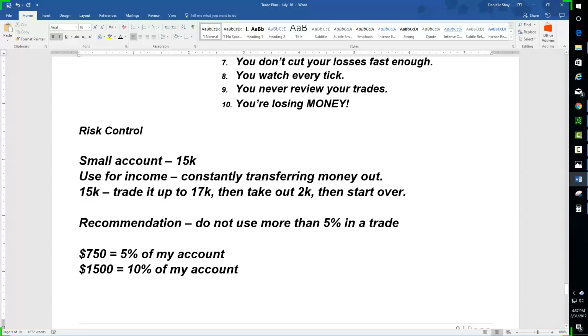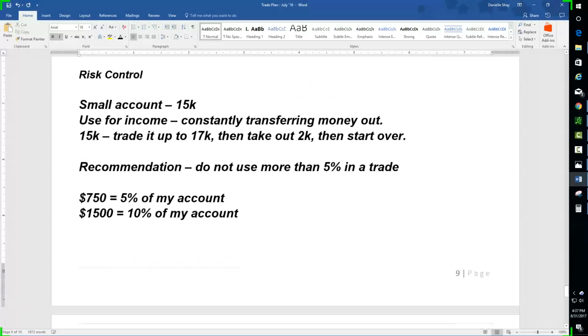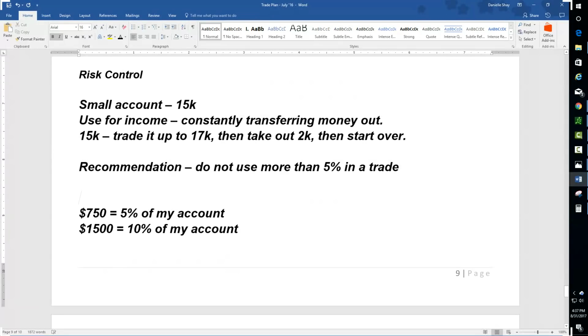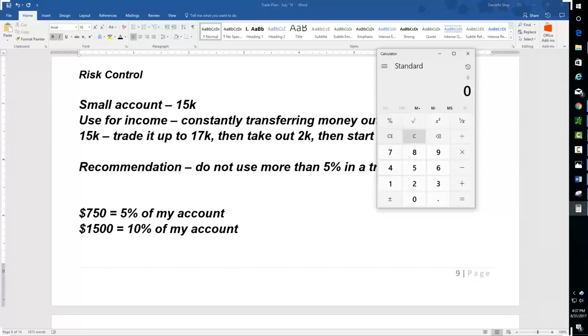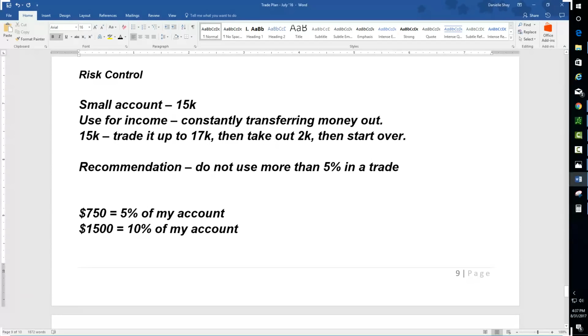All right, so that being said, and then the earnings trades, I do even less. So 15, math is not my strong suit, guys, times 0.025. So what was that? $375. $375 equals 2.5% of my account.